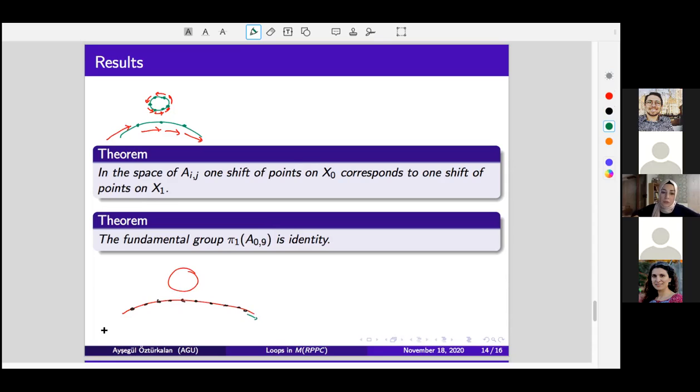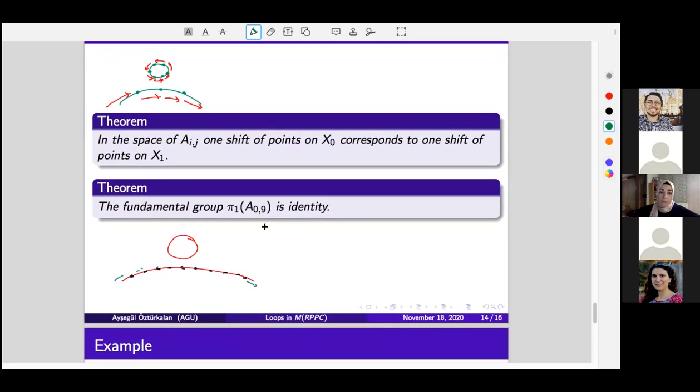This cannot go to infinity and come back here. You don't have such a movement. Here, by changing Y, we cannot have this movement. So the fundamental group of this space is just the identity, nothing else, no other movements we have.